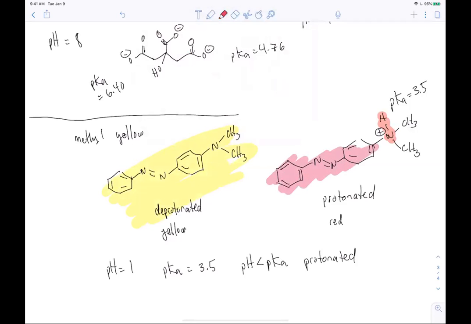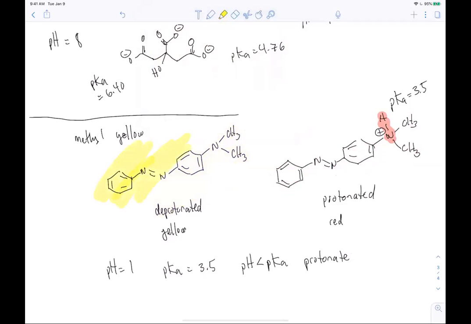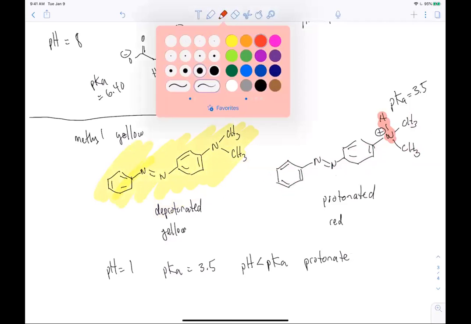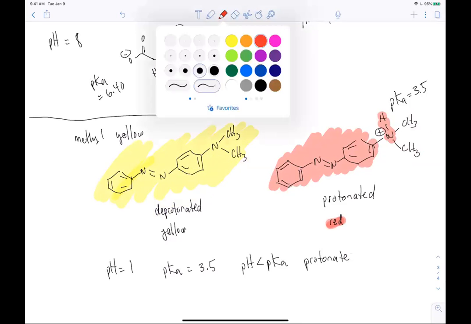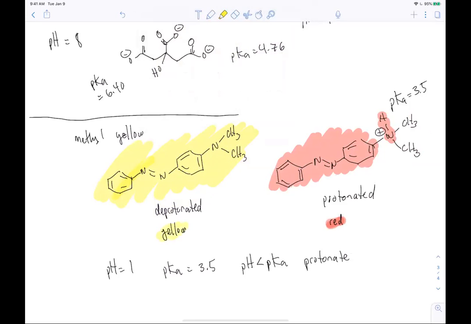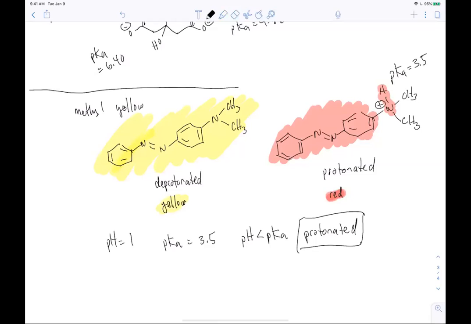When it's protonated, it's going to be red. So what color is my solution going to be? This one just requires a small extra step of saying, okay, it's going to be protonated. What color is the protonated form?